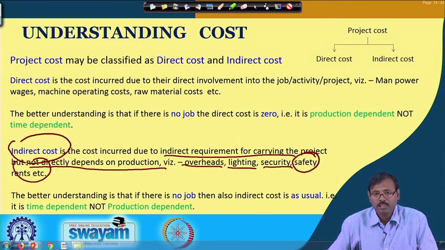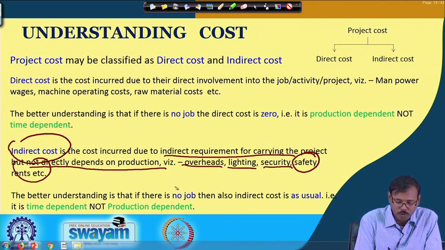But if you are paying the royalty, if it is direct royalty on the production basis, then that tax, the direct tax, has to be paid. So some of the parts are direct, some of the parts are indirect, and that is why their consideration is that if there is no job, then whatever the cost is, that depends on the indirect cost, and if there is a job, only what that job creates, that is the direct cost, has to be considered.